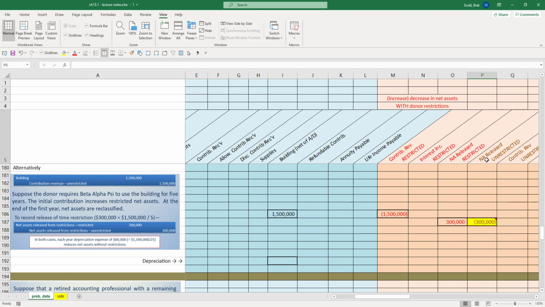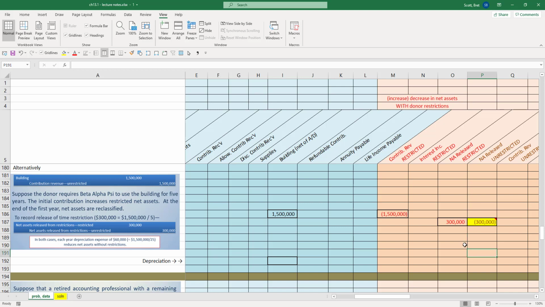So when you look at net assets released unrestricted, it's similar to contribution revenue unrestricted, except that we know the net assets released unrestricted was initially over here in the red, in the lower portion of the income statement, and now it has actually been earned, and we can show that in the upper portion of the income statement as regular unrestricted revenue. So that's what net assets released means. It's just like another type of revenue account, only it started off as restricted.